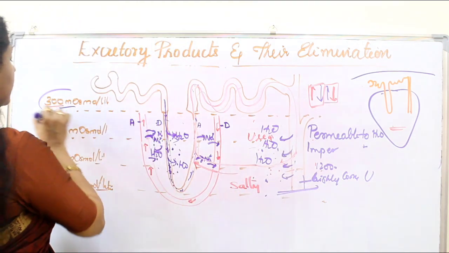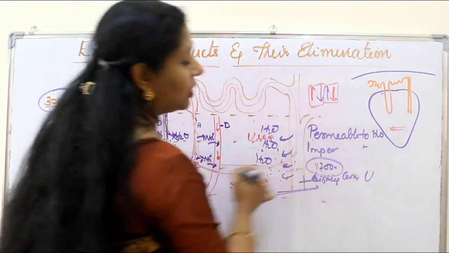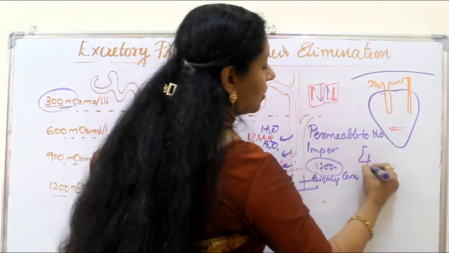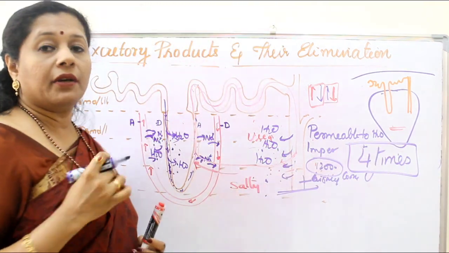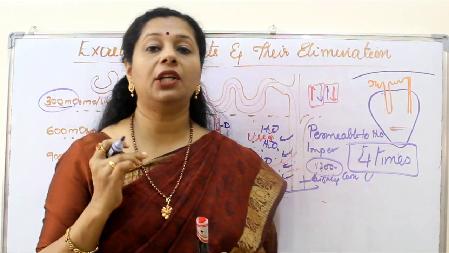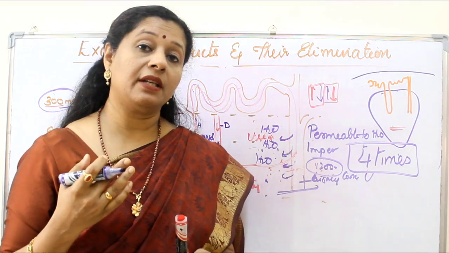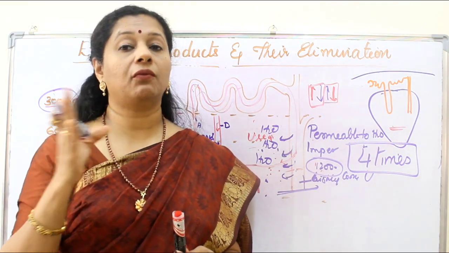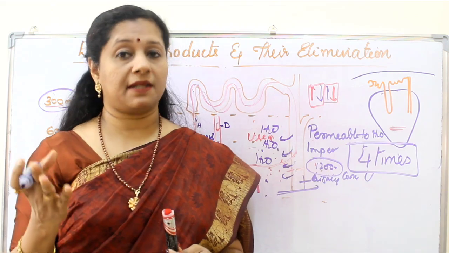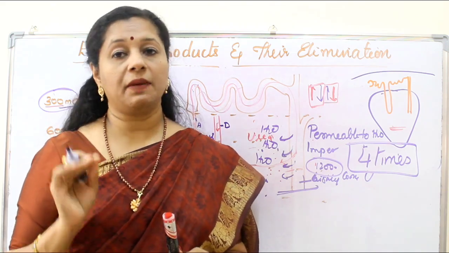Initially it was 300, now it is 1200. So how many times has the concentration increased? 4 times. A very important question. Human beings or mammals have the ability to concentrate their urine 4 times. 300 to 1200 means 4 times, right? So that's a very important concept to be understood.